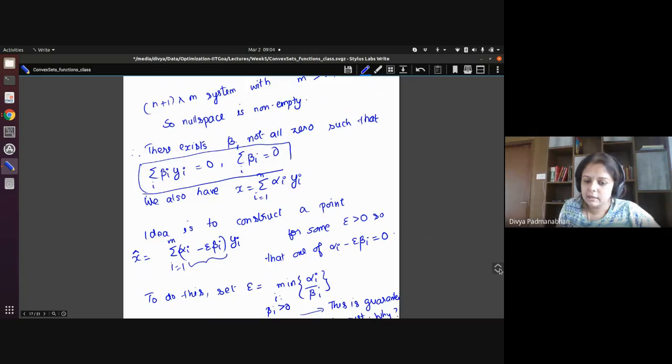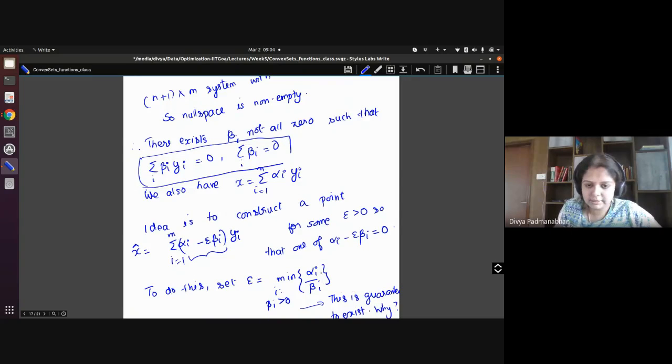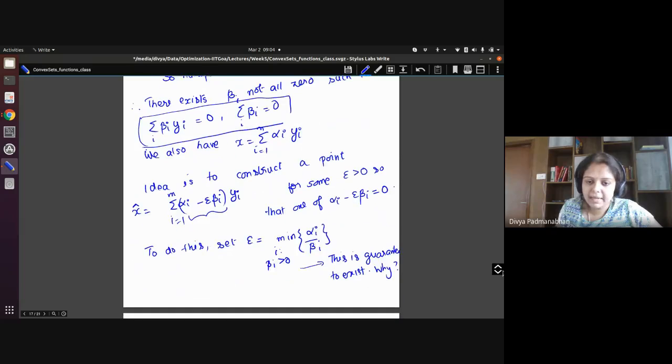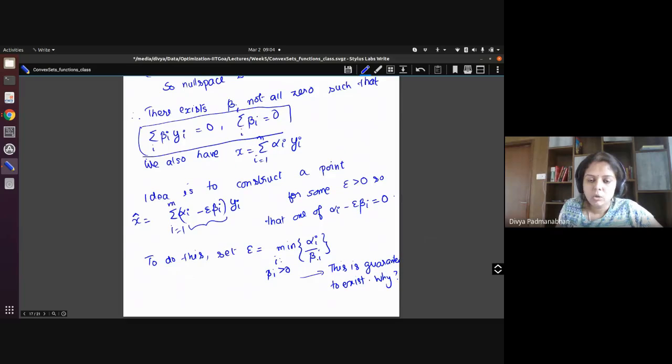And so you look at the minimum value of alpha minus beta I. For the I for which this is minimum, this quantity alpha minus epsilon beta I is going to be 0, and for everything else, it's going to give you some value greater than 0.